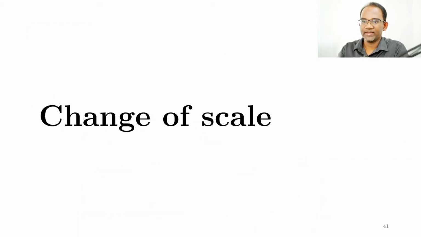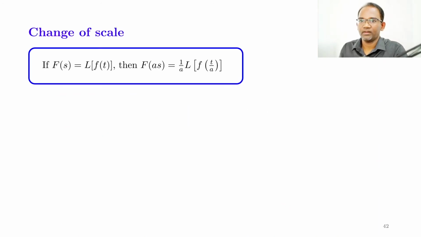We'll now discuss yet another important property, that is the change of scale. According to this theorem, if F(s) is equal to L of f(t), then F of (as) will be equal to 1 over a times L of f(t by a). So this is the change of scale property, and let's try to prove this.